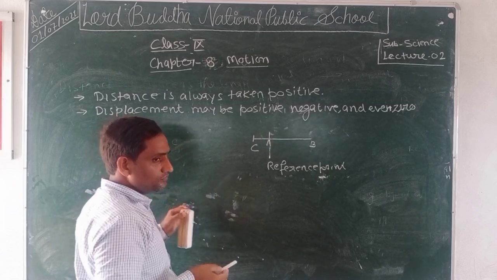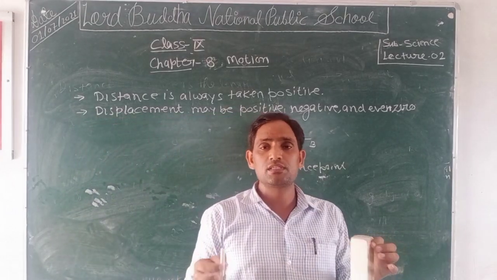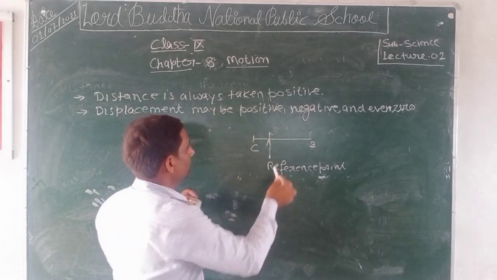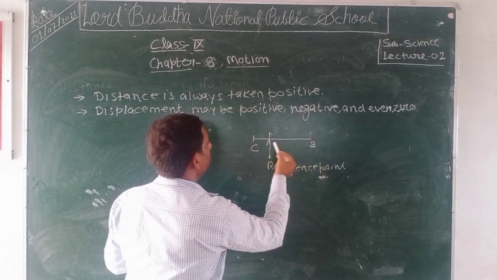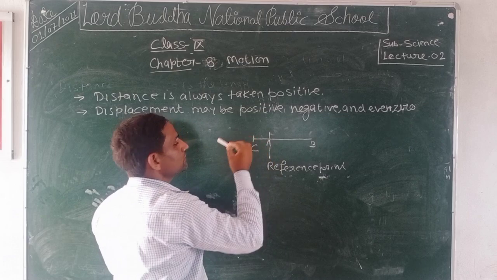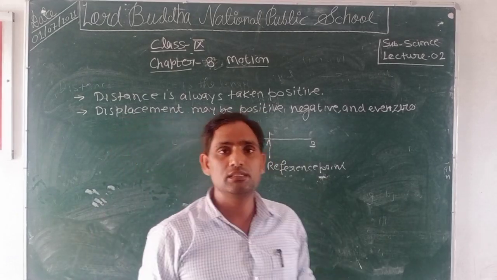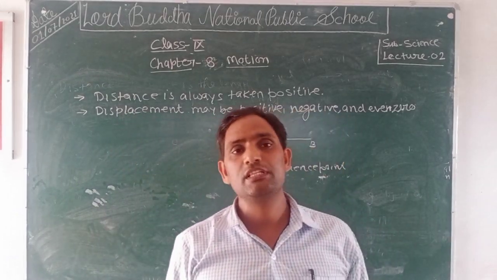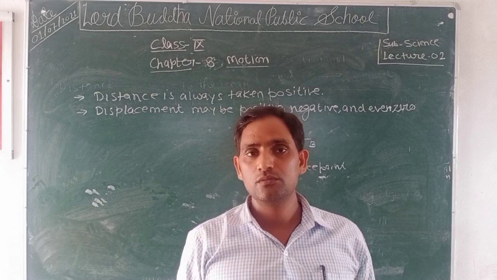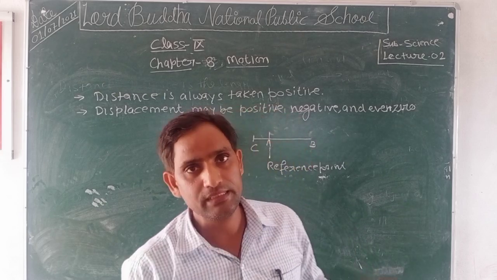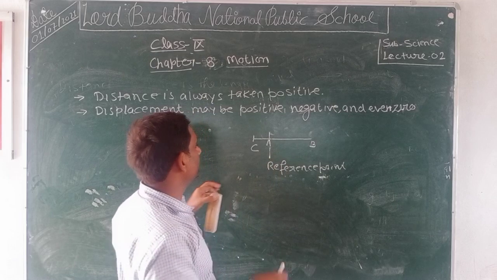But the distance will be the sum of A to B, B to A, then A to C. Hence, distance is always positive, but displacement may be positive, negative or 0, as is clear from this example.